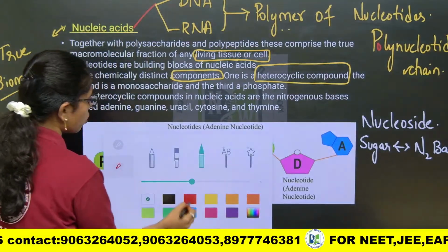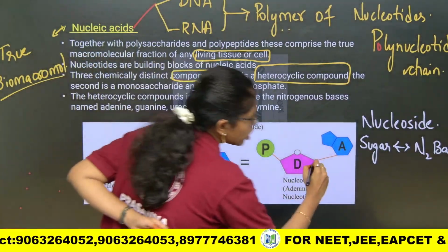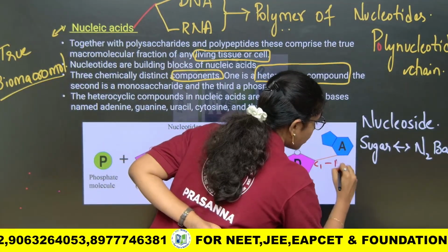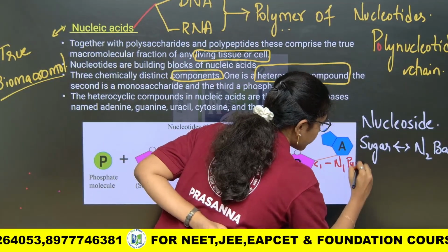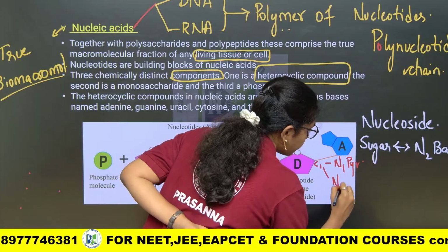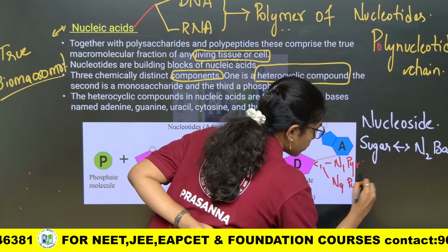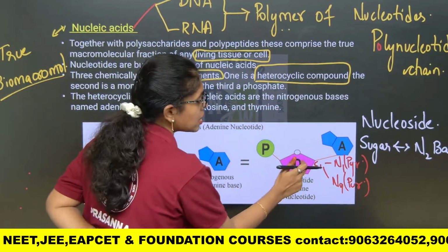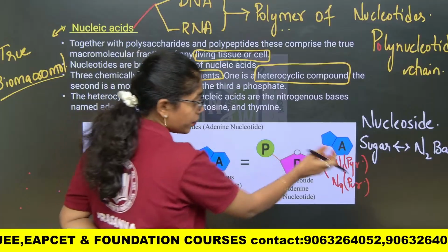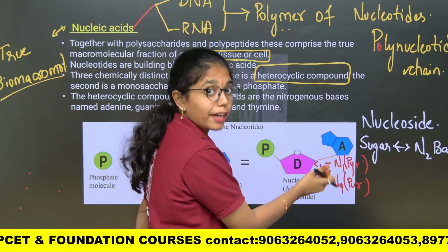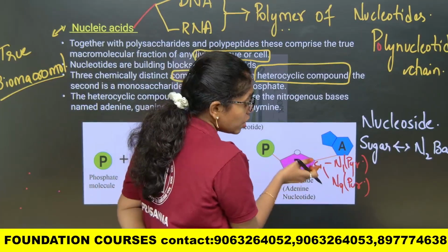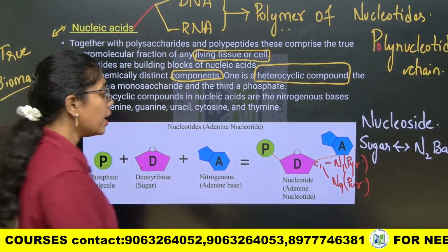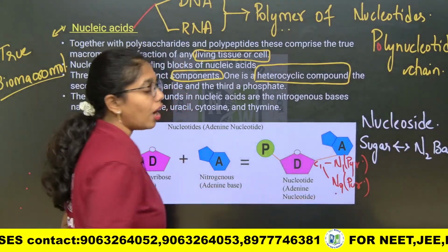The C1 carbon of the sugar is linked to N1 of pyrimidine and N9 of purine. If it is linking with a purine like adenine and guanine, it will be linked to N9 of the purine.